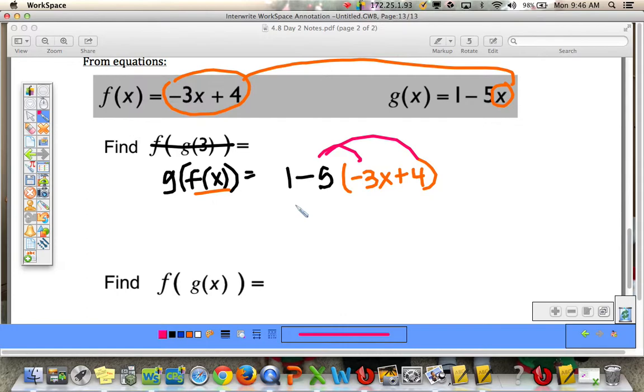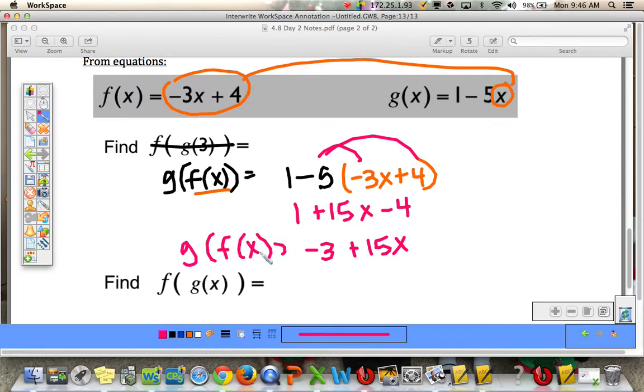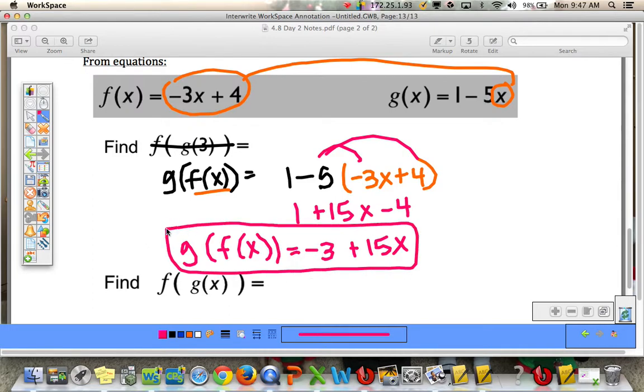We'll distribute, combine like terms, we'll get 1 plus 15x minus 4. 1 minus 4 is negative 3, so negative 3 plus 15x. So g of f of x equals negative 3 plus 15x. So it's just taking one function and plugging it into x in the outside function, simplifying and getting a new function for your answer.